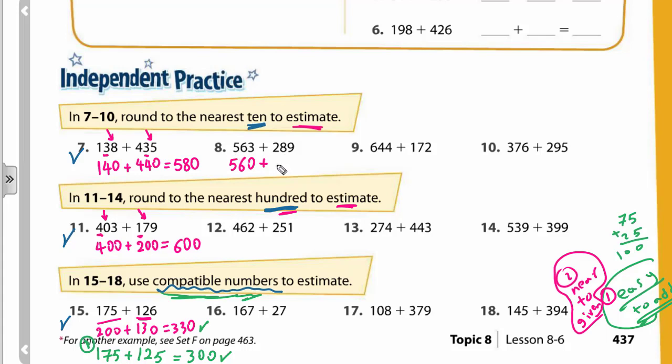Okay, and the other number will be? Another number, he said the nearest 10, and the nearest 10 is 290. Continue. No, you didn't estimate.